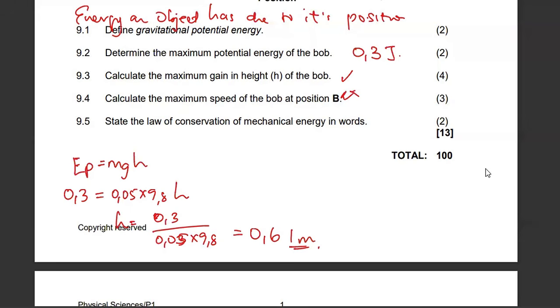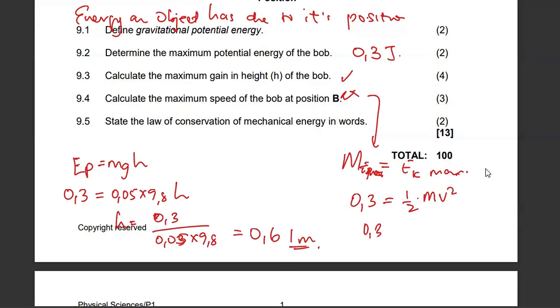And then calculate the maximum speed. Now from the conservation of energy, we know that the mechanical energy is conserved. So let's say the EP max should be the same as the EK max. So if we got our maximum kinetic energy to be 0.3, it should be equivalent to a half mv squared.